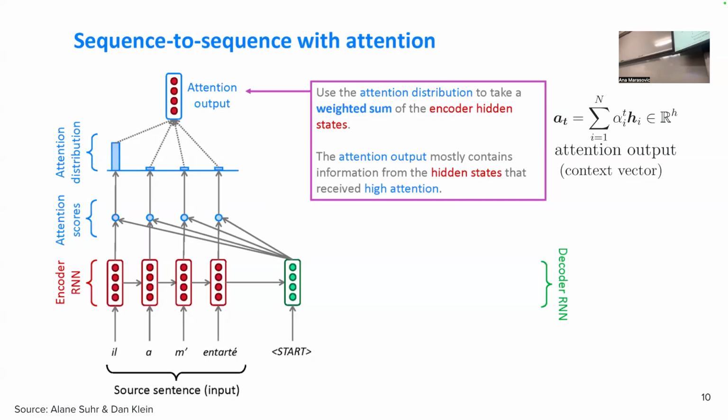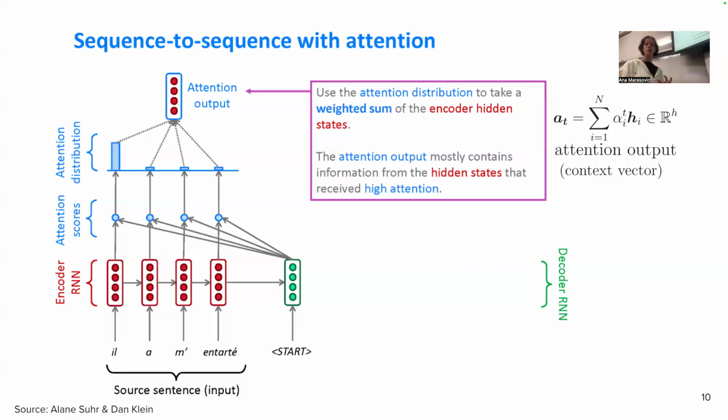So I take 0.9 times the entire hidden representation of the first token plus, I don't know, 0.05 times the hidden representation of the next token and so on. So that will give you a single vector of the same size as the hidden dimension, because you are just summing the hidden representations, but they are going to be weighted by their importance for that decoding step.